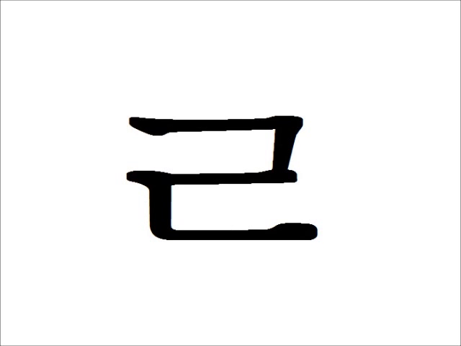Okay, so as you heard, this is both the R and the L sound, which probably is why all the Asian people confuse R and L. So when this is at the end, it's always an L. But in the beginning, it can be both R or L. It's pretty much interchangeable.